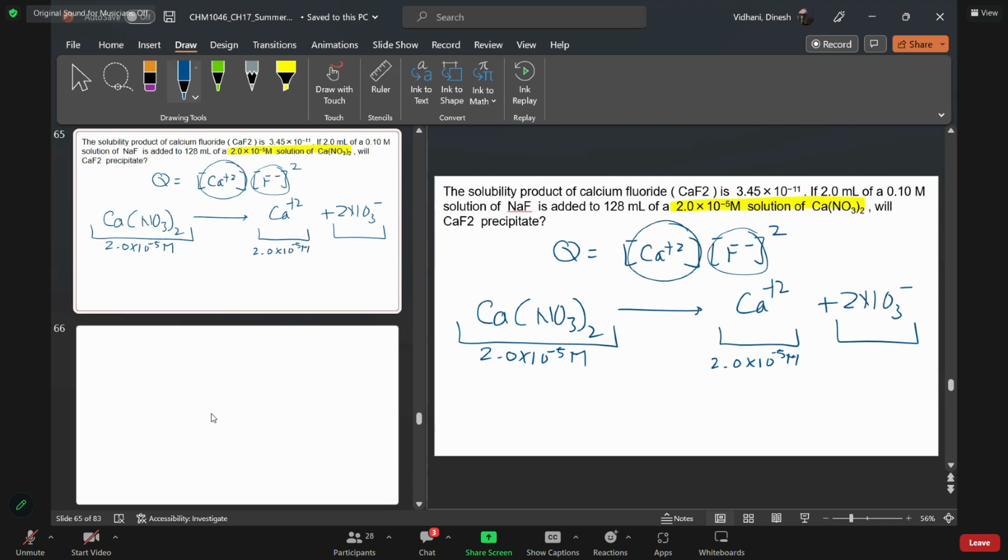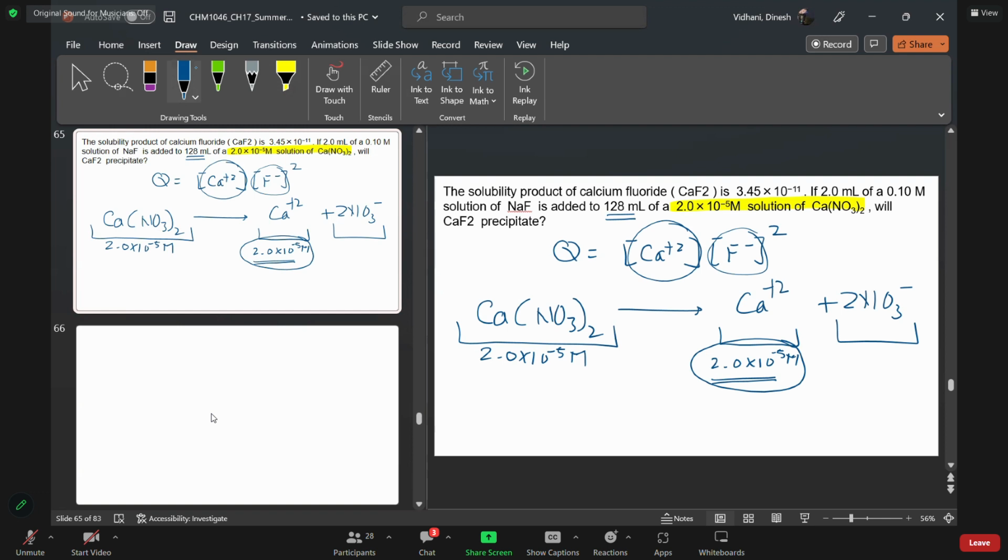But this is the overall concentration. Now look at the volume that I'm given: 128 milliliters. So first of all, I'm going to convert this concentration into the actual number of moles.